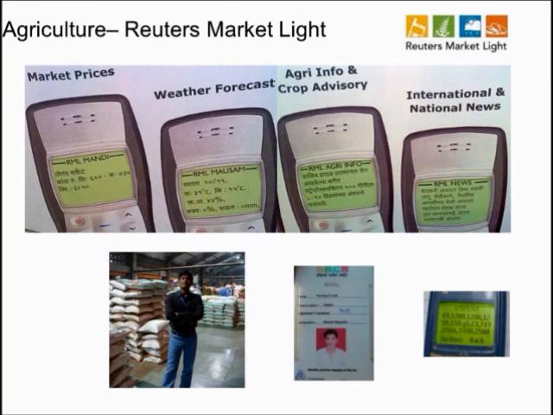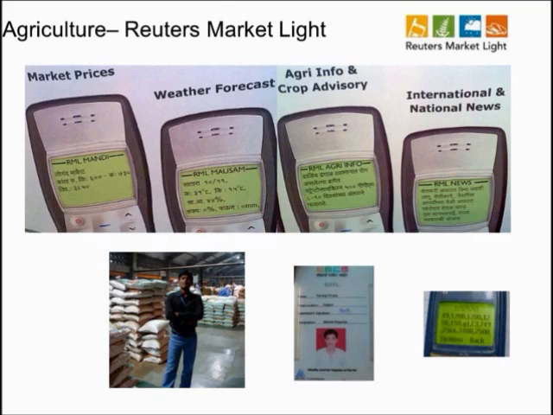So we then zoom in into one of those case studies, Reuters Market Lite. In this picture you see actually what they offer. On the top one you see you can get information about market prices, weather forecasts, agri-info and crop advisory, and international and national news.